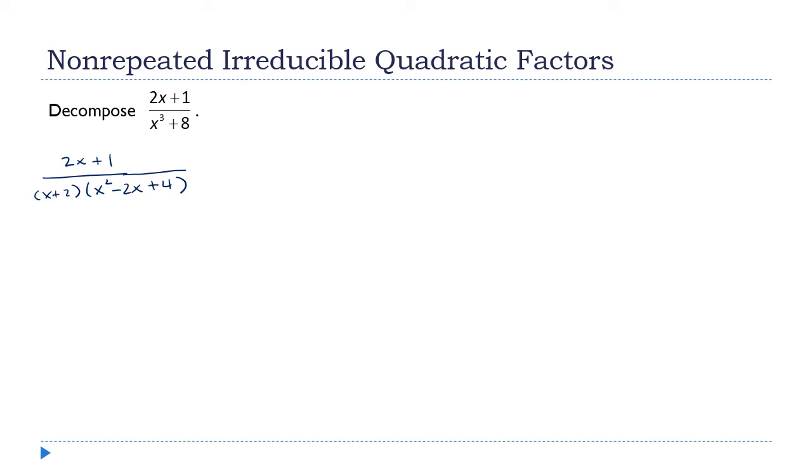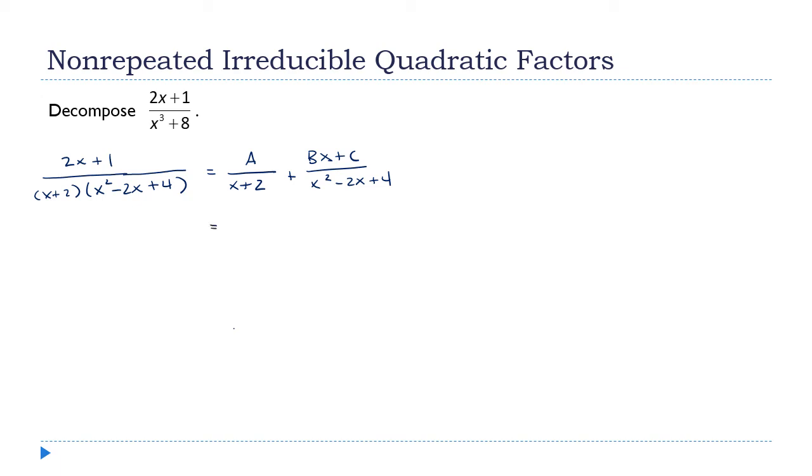All right, now I can rewrite this. This is A over x plus 1, plus B, excuse me, this is our new one, Bx plus C over x squared minus 2x plus 4. I'm messing up today. That should be an x plus 2, so it matches the left-hand side. I was looking at the 1 up in the numerator.